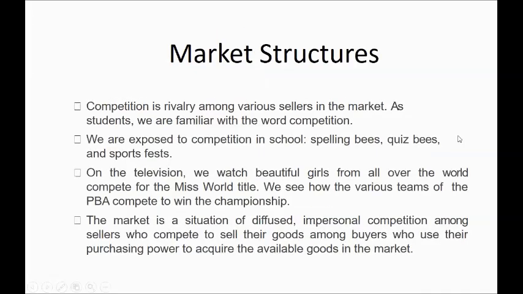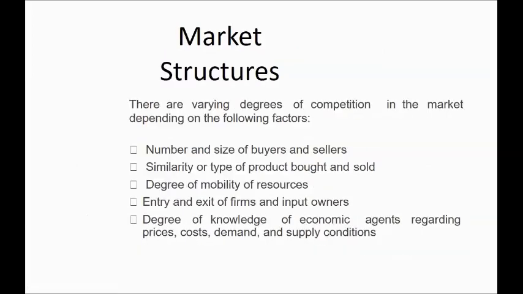Because of demand and supply, the purchasing power of the buyers, and the competition of the sellers, there is a market structure with a varying degree of competition in the market, which depends on different factors.